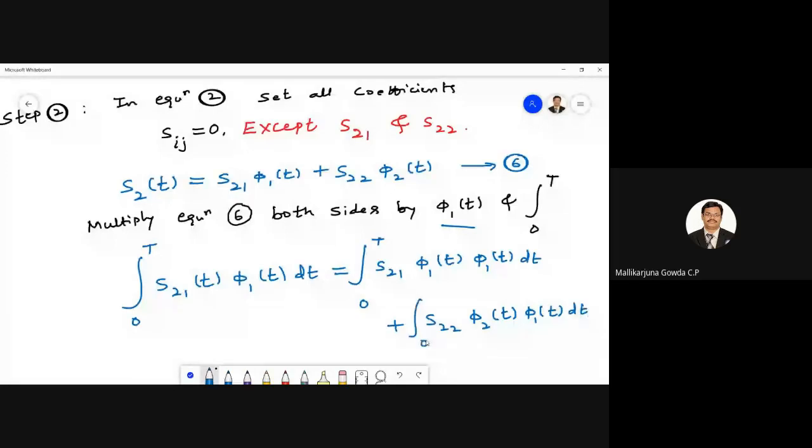Now what is the simplification I can do here?